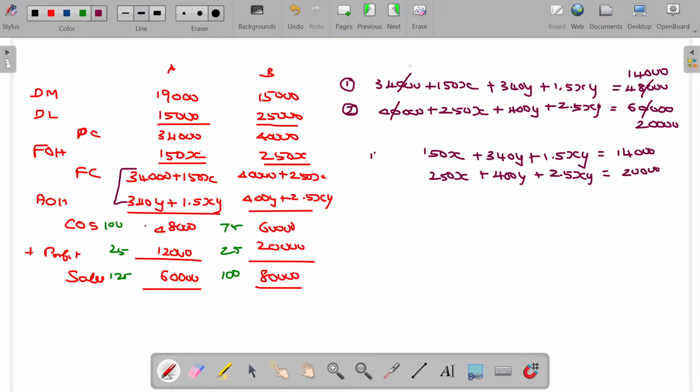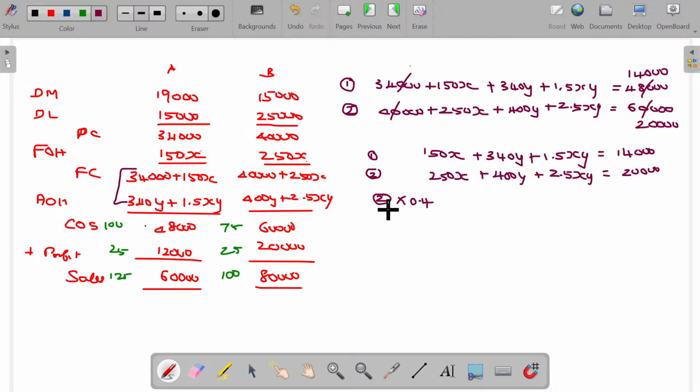Now to cancel this, I can do the cross multiplication, like I can multiply to make this 250 into 150. If I multiply with 0.4 for this equation, I will get equal value, right? Is that okay? So equation 2 is multiplied with 0.4.